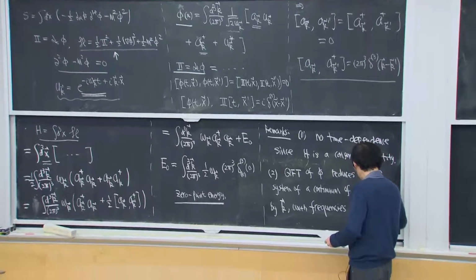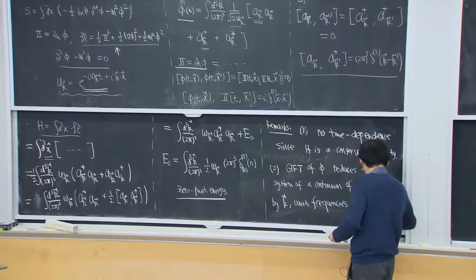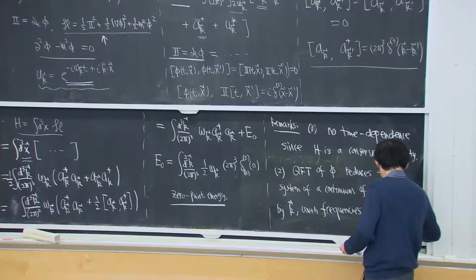Recall this omega k is defined to be the square root of k squared plus m squared.